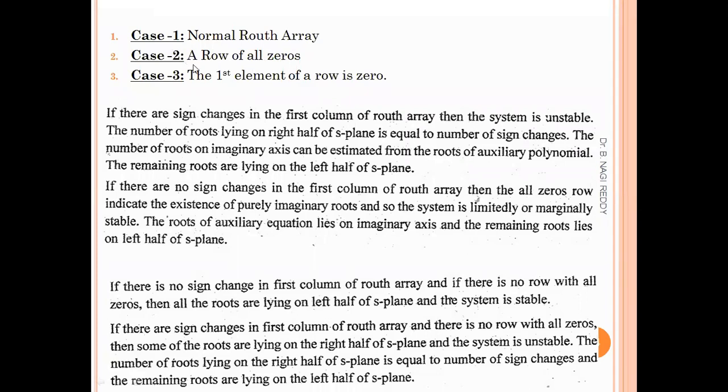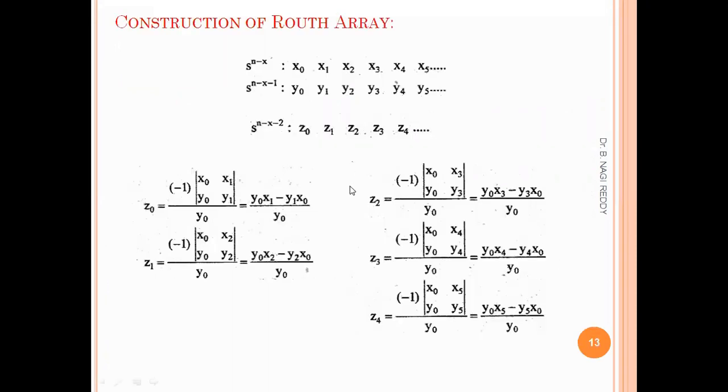That is case one. Coming to case two, if we get a complete row of all zeros, then how do we calculate the next rows? Because in order to calculate the next rows, we depend upon the previous rows, right? According to the construction, if we want to calculate the next row, we need the previous rows.